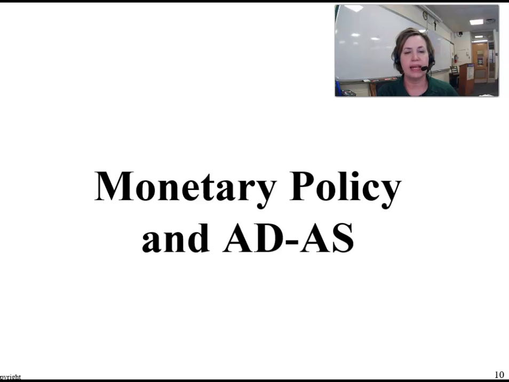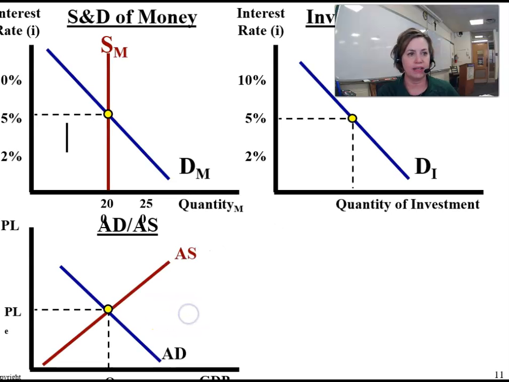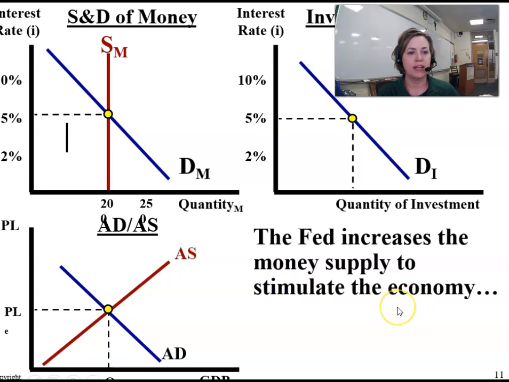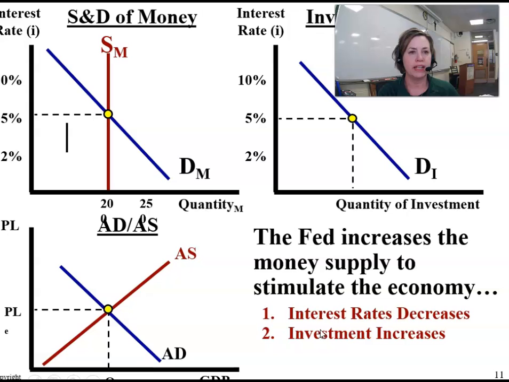Monetary policy in aggregate demand and aggregate supply. If the Fed wants to increase the money supply to stimulate the economy, then interest rates would fall. And when interest rates fall, business investment spending would increase or consumer spending would increase.